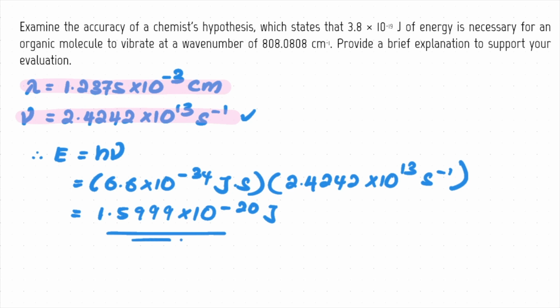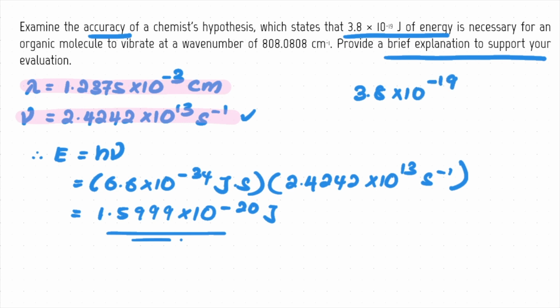Alright, so let's look back to the question. Provide a brief explanation to support your evaluation on the accuracy of the energy. So given to you, the energy is 3.8 times 10 to the power of negative 19 joule. The exact value that we have calculated is actually 1.5999 times 10 to the power of negative 20.